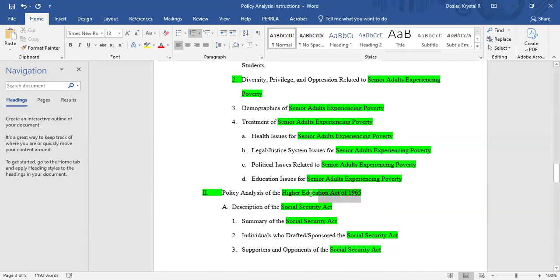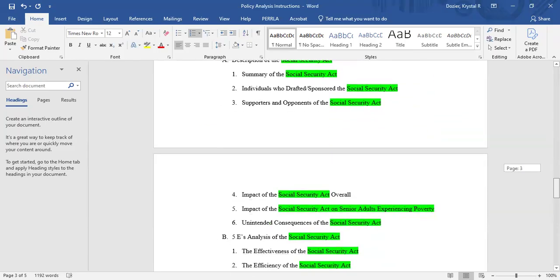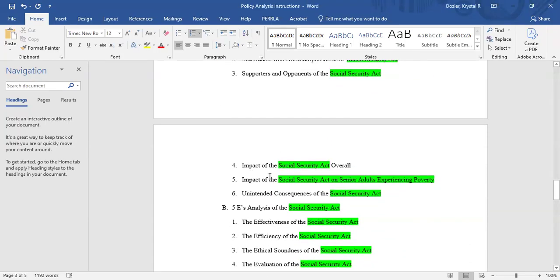So I'm replacing it with the policy that I'm using. That's all you're doing for the outline. Now pay careful attention at part five because you're going to include not only your act, but also your target population as well as your social issue.